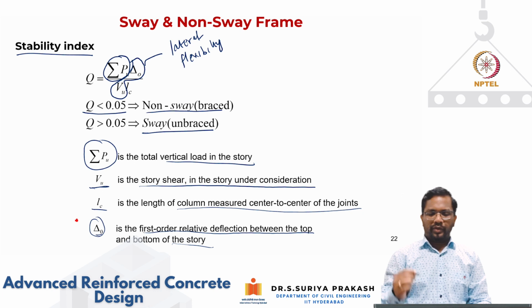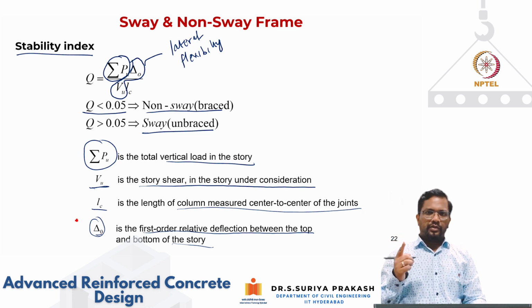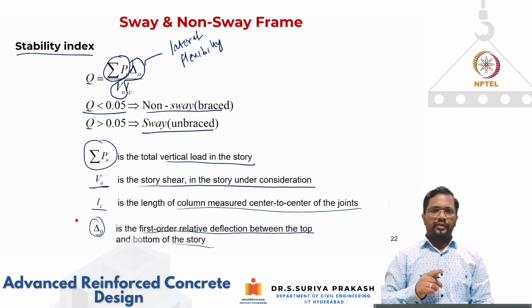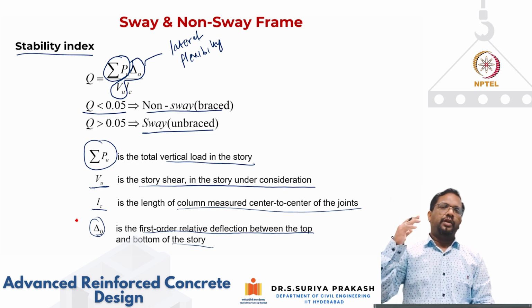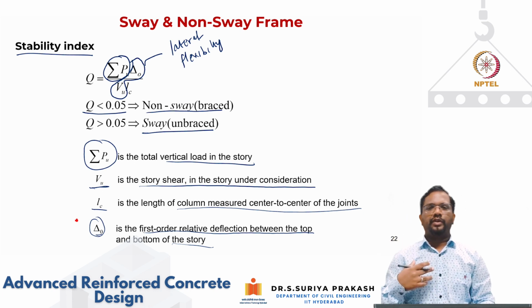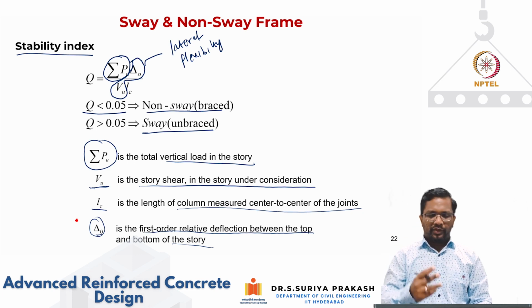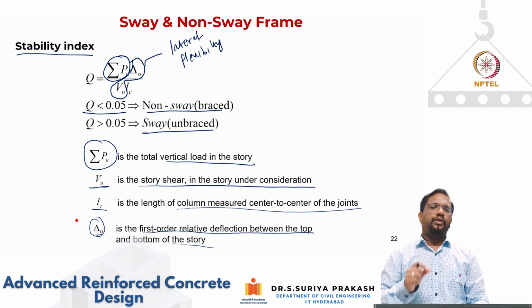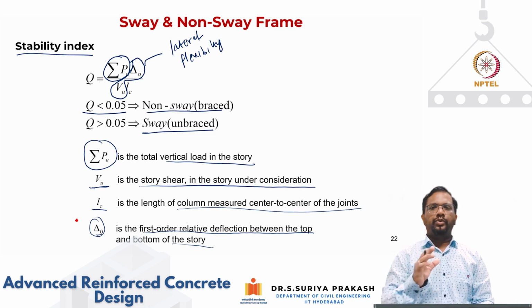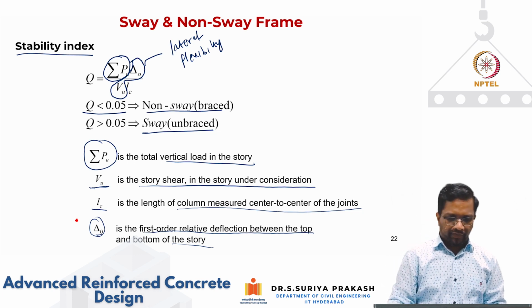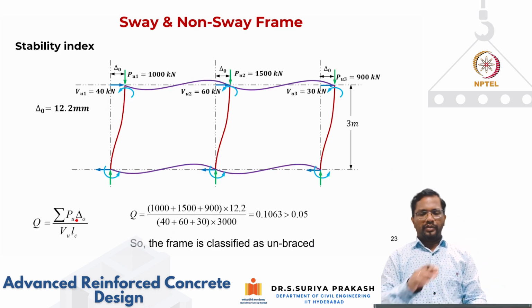Determining whether the column is part of a braced or unbraced frame makes a lot of difference, because your effective length highly depends upon it. So it is very essential to know exactly whether the column is part of a sway frame or non-sway frame. Now let's look at one example.